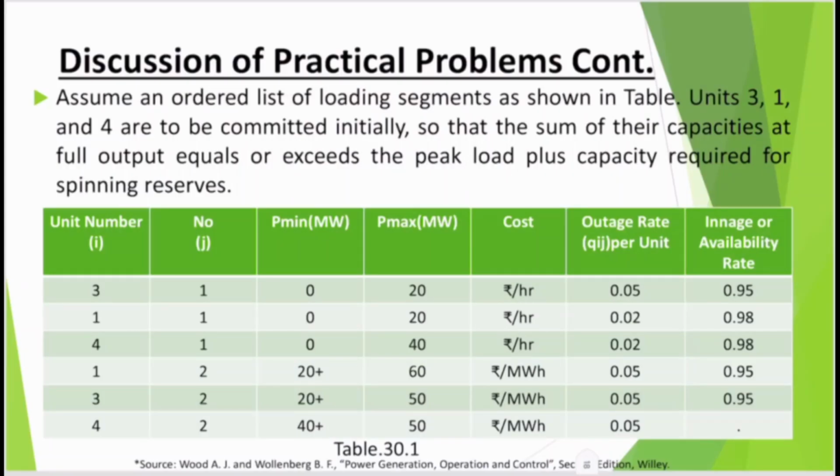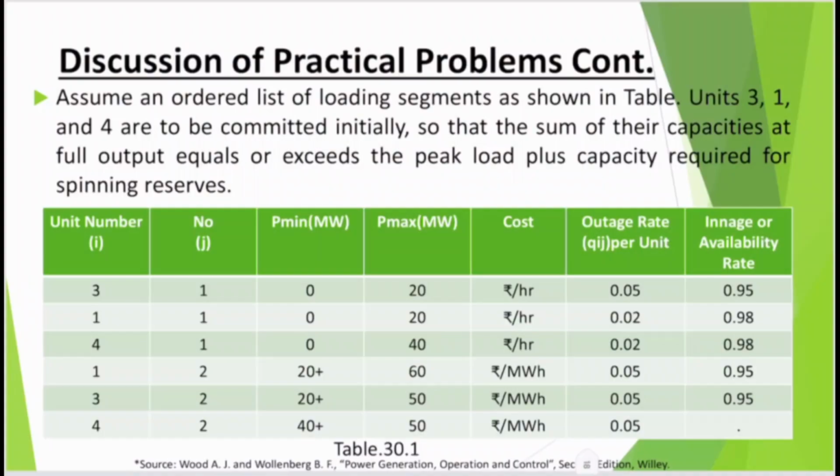It depends whether you place X versus probability or probability versus X. Now assume an ordered list of loading segments as shown in the following table, where units 3, 1 and 4 are to be committed initially, so that the sum of their capacities at full load output equals or exceeds the peak load plus capacity required for spinning reserve. So through those units, we have to commit in such a manner that they are meeting my load plus the spinning reserve at a given point of time.